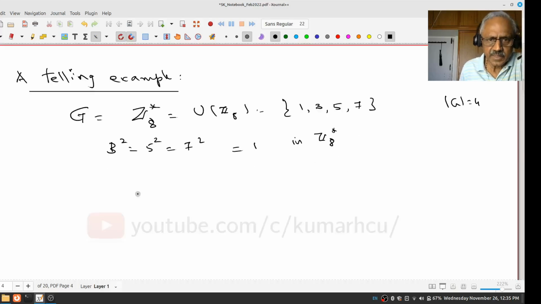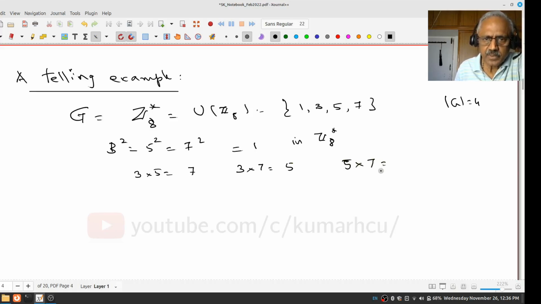And not only that, if I multiply 3 times 5, it is 15, that is 7. And if I multiply 3 times 7, it's 21, that is 2 times 8 plus 5, therefore it is 5. And similarly, 5 times 7, that is 35, that is 4 times 8 plus 3, that is 3.